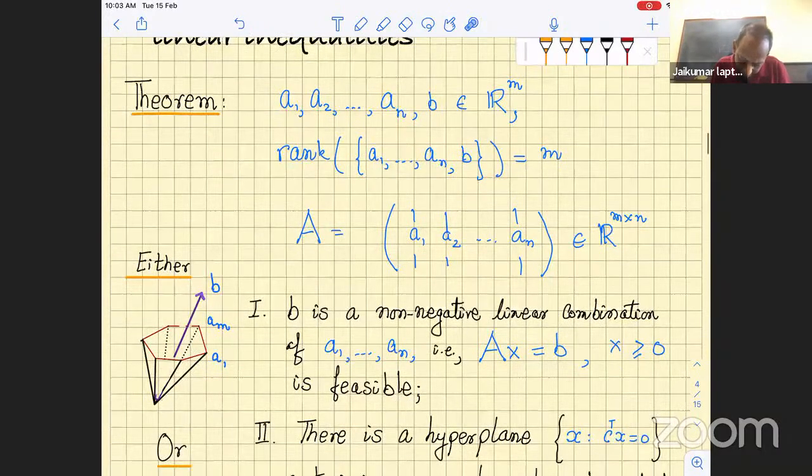Now let us write these vectors a1 to an as column vectors.